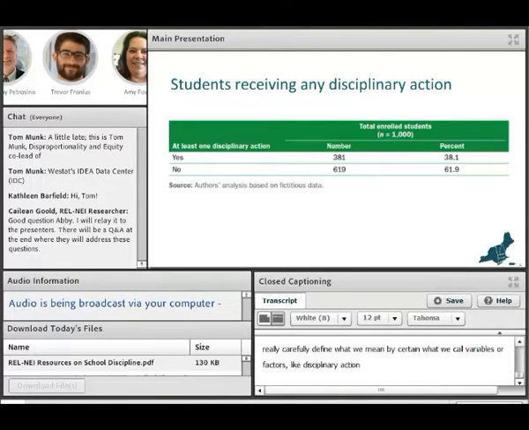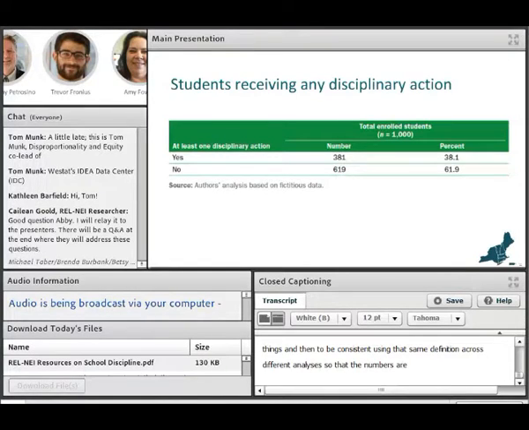What do we actually mean? What is actually incorporated into that when we say disciplinary action? What are all the actions that make up this very broad category? It's important to be explicit and transparent about how you're defining things, and then to be consistent using that same definition across different analyses so that the numbers are comparable.